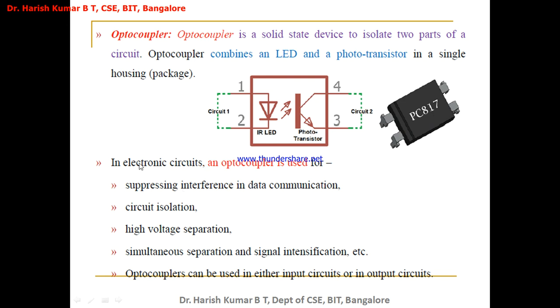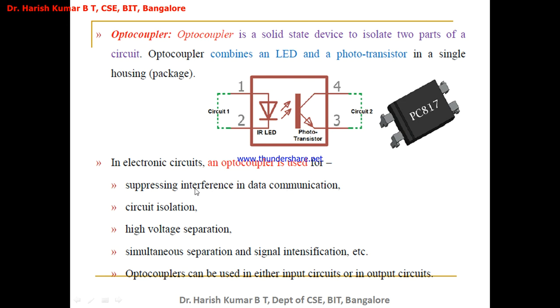Now, why is an optocoupler used in electronic circuits? Because it suppresses the interference in data communication. As I told, it's basically used for isolating two parts of the circuit, just to minimize the interference when the data communication is happening.